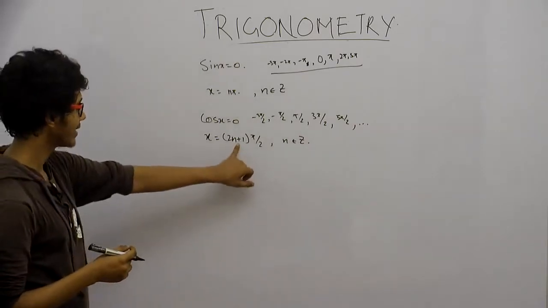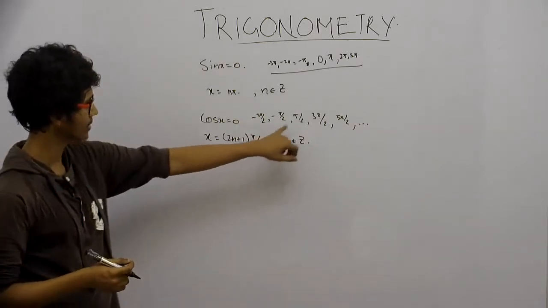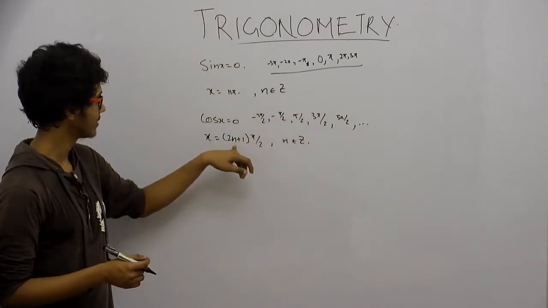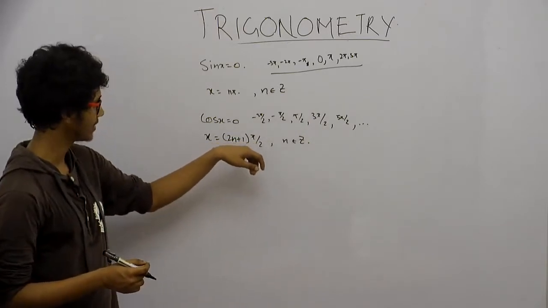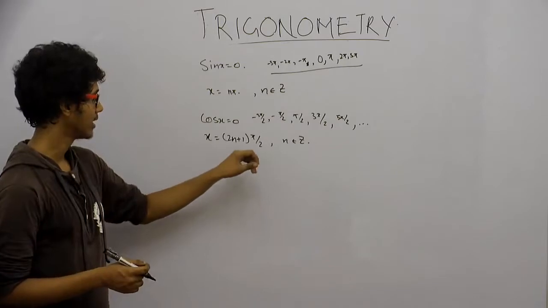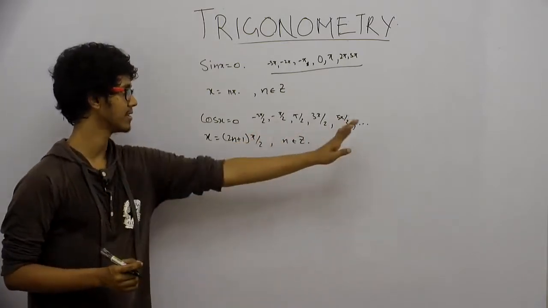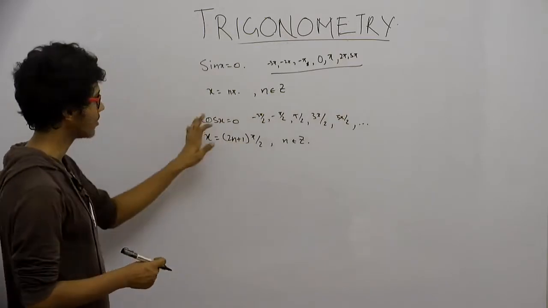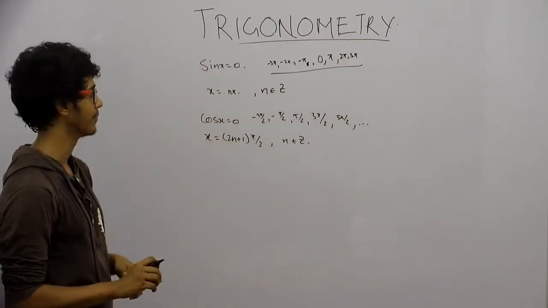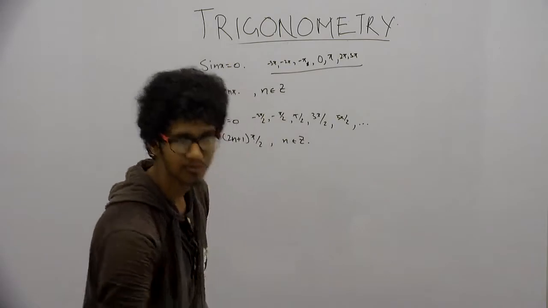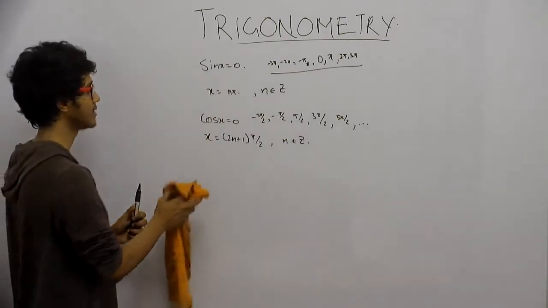N can be any integer. When it is 0, we get pi by 2. When it is minus 1, we get minus 2 plus 1 is minus 1, so we get minus pi by 2. When it is 1, we get 3 pi by 2. If n is positive it increases, negative it decreases, but cos x always stays 0. Okay, this was when they are specifically 0.